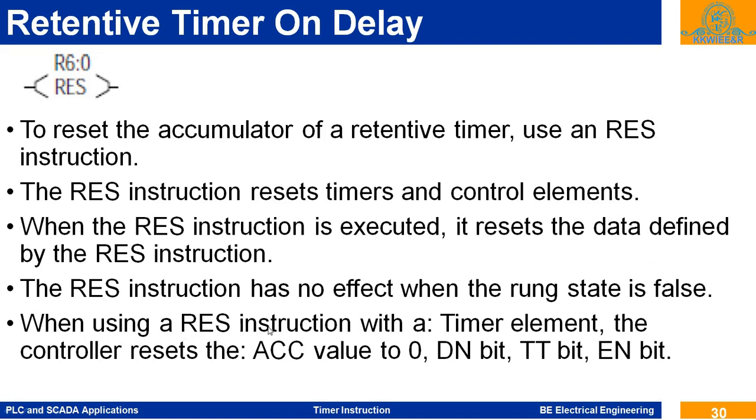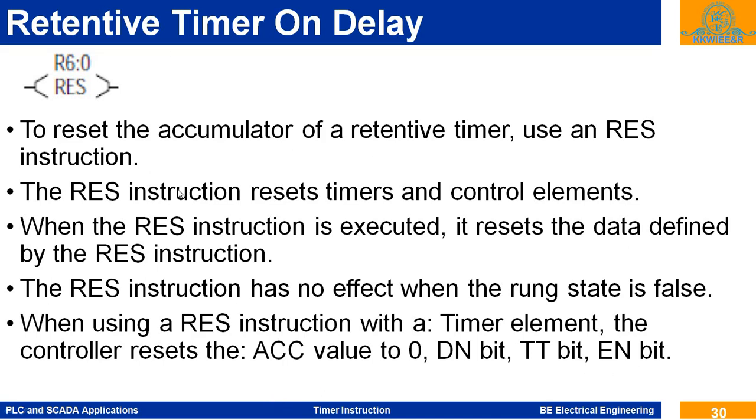Okay. So when using the reset instruction with a timer element, the controller resets the accumulator value to 0. It will reset the done bit, TT bit and enable bit. Okay. So with the help of this reset instruction, this timer element resets the accumulator, done bit, timer timing bit and enable bit.